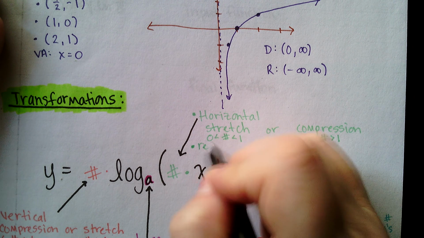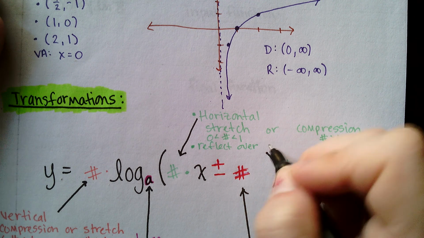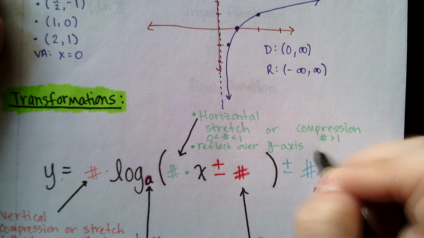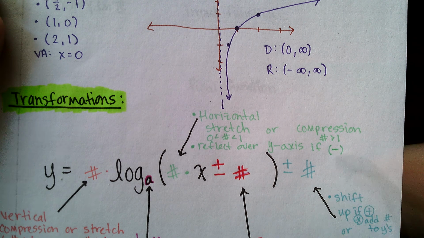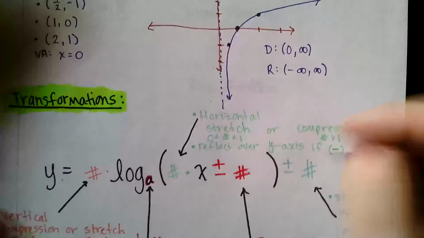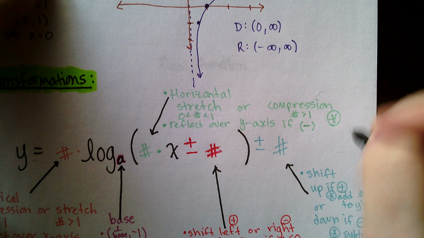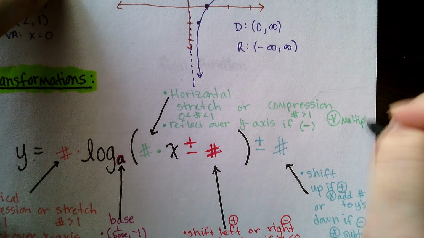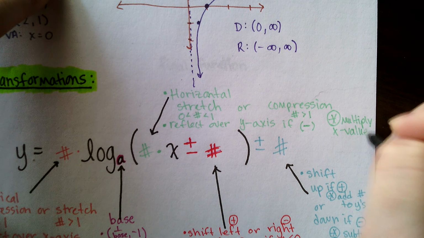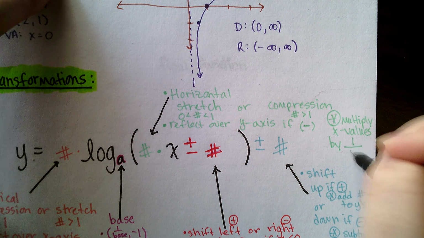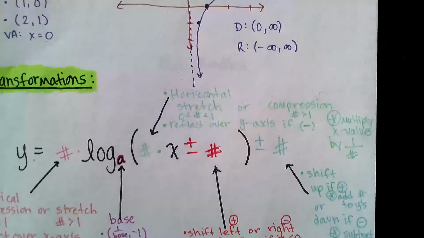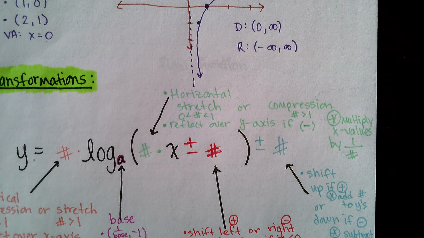It is a reflection over the y-axis this time if that number is negative. But either way, whether it's a stretch, compression, or reflection, we are going to multiply all of the x values by 1 over that number. Another way to say that is to divide all of the x values by that number, but I prefer saying multiply the x values by 1 over that number. That's just my personal preference.